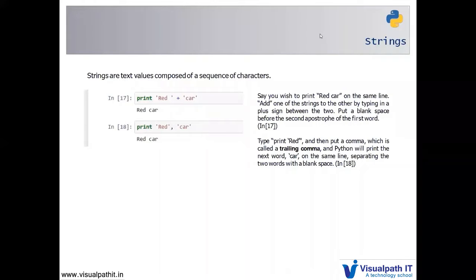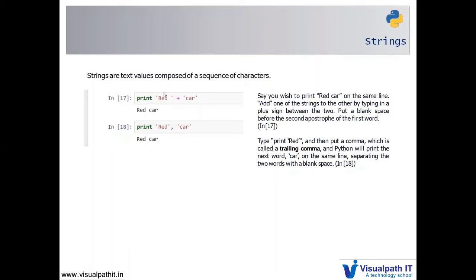In this example, suppose we wish to print red car. We add two strings, red and car, and after red there is a space, and when we use this plus sign, it concatenates red and car. In the same way, in the second example, we have a print statement with red comma car.